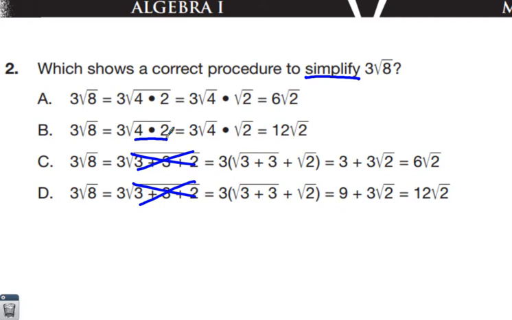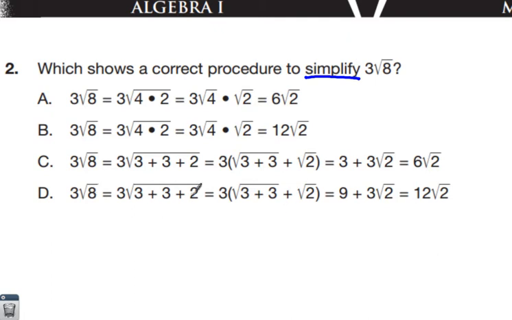You're allowed to rewrite root 8 as the square root of 4 times 2. I want to be technically correct. I guess this is okay to say, because 3 plus 3 plus 2 does equal 8.